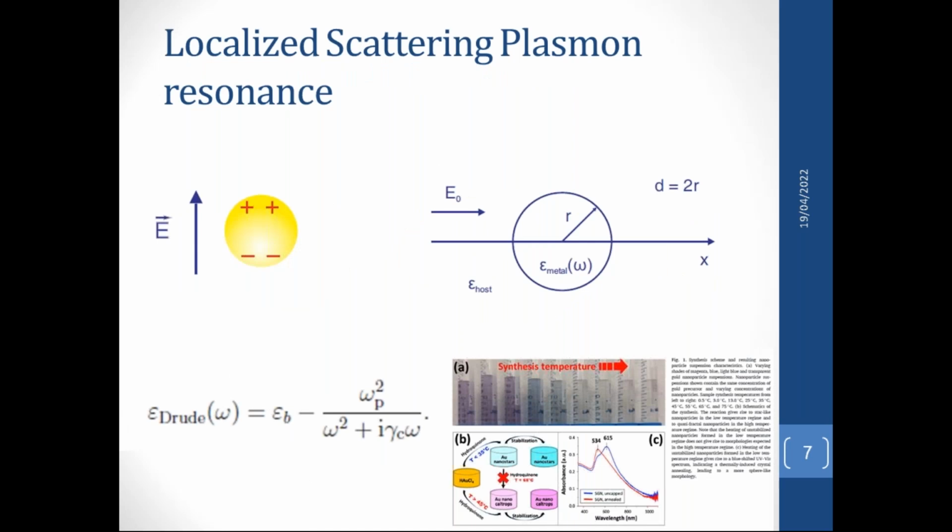Localized surface plasmon resonance is a well-known phenomenon that happens for metal nanoparticles.